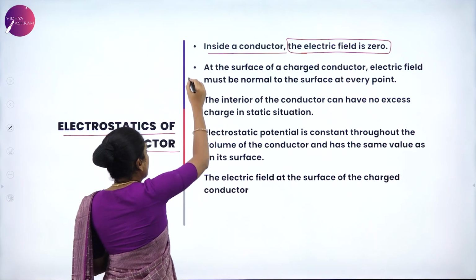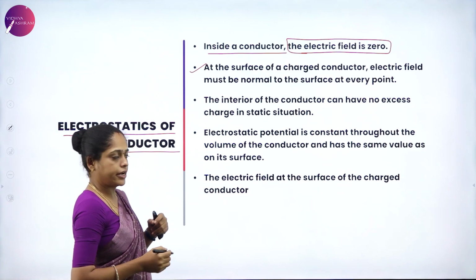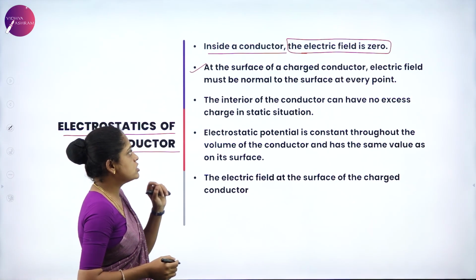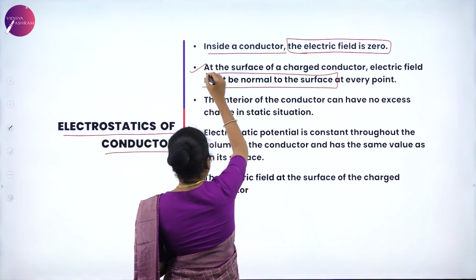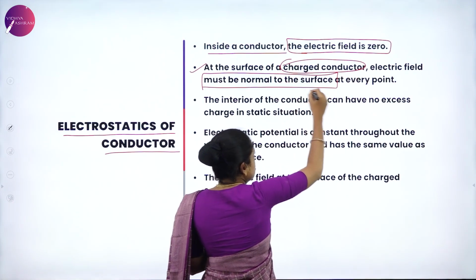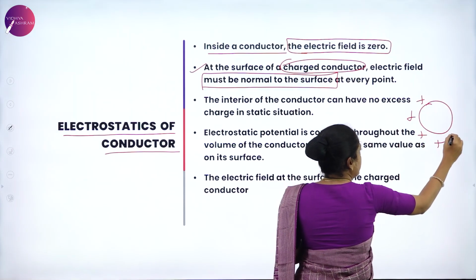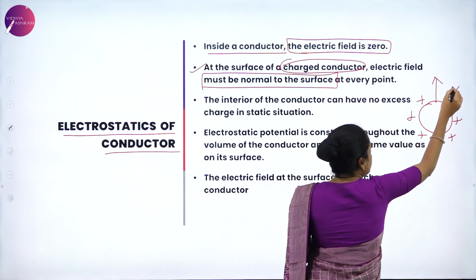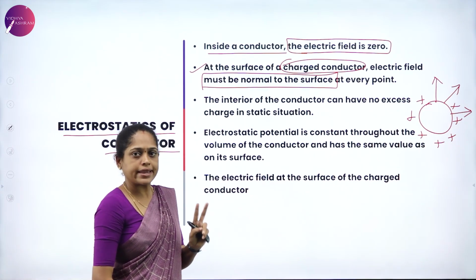And the next point: at the surface of a charged conductor, the electric field must be normal to the surface. How to draw an electric field line for a charged conductor? For a charged conductor, the electric field line is always normal to the surface. That is the second point.